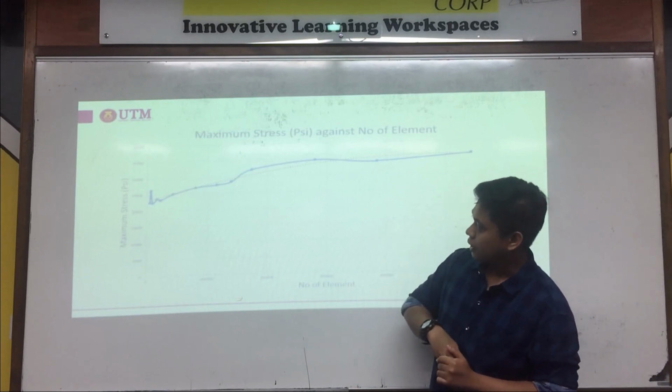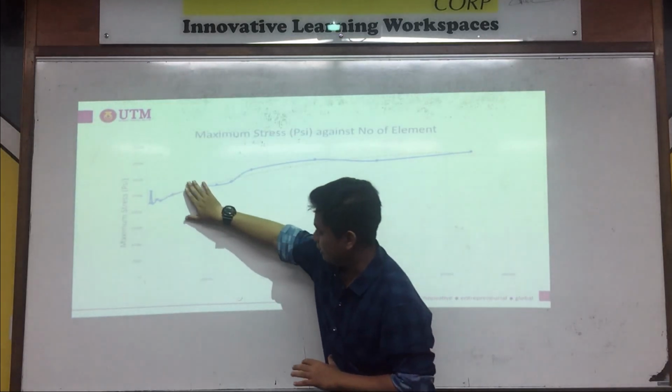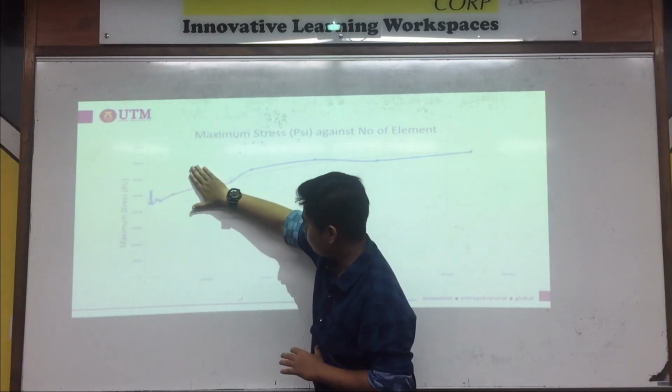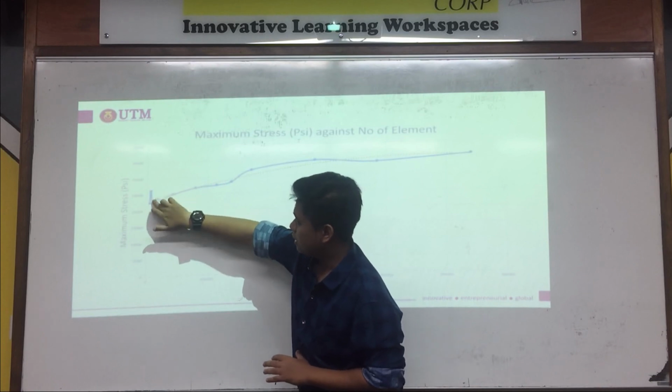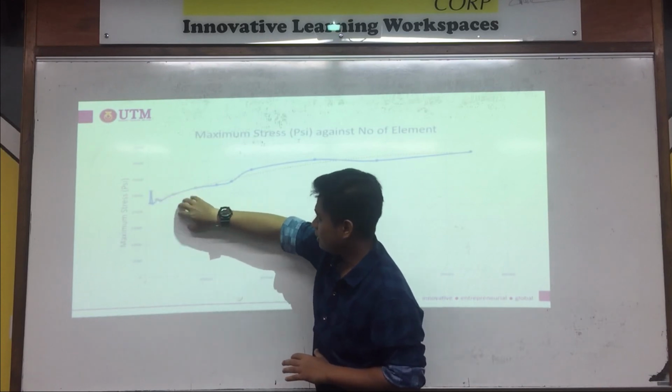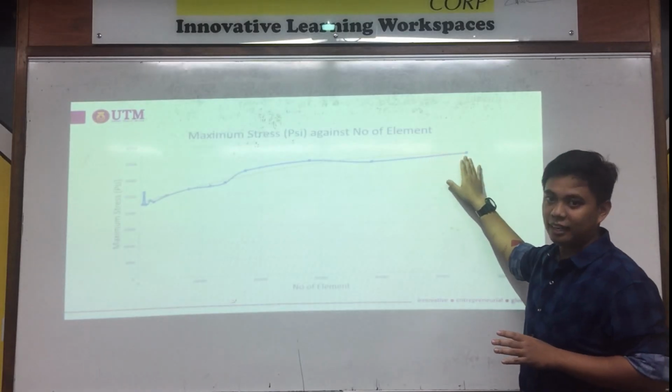So basically, what we get here in this area, which means the smallest number of element, we get some fluctuation in this region. After that, the fluctuation becomes smaller and smaller until it reaches, we can say, a stable, steady state line.